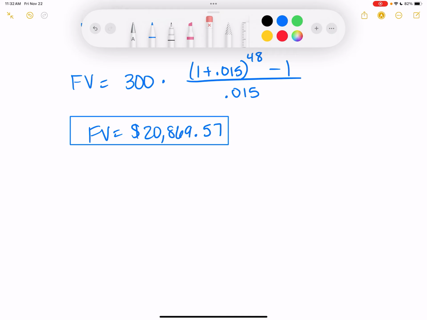I'm looking for your setup to be right and that you're in the right range of your answer. When we get to some that don't come out perfectly like 0.015, your calculator will hold that value if you type it in the other way. Just know that you might be off a little bit from what the book has, but don't be concerned if you're off by like $5 or $10, because that little bit of a decimal can really make a difference.